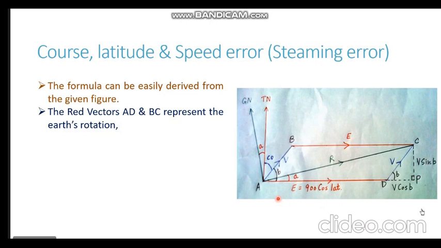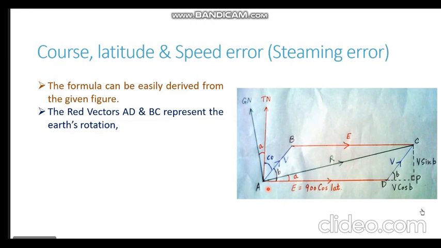This diagram is very helpful in understanding the derivation of the course latitude speed error. It looks a bit complicated in the beginning, but once you understand each and every part of this diagram, it will be very simple to derive this formula for the CLSE.